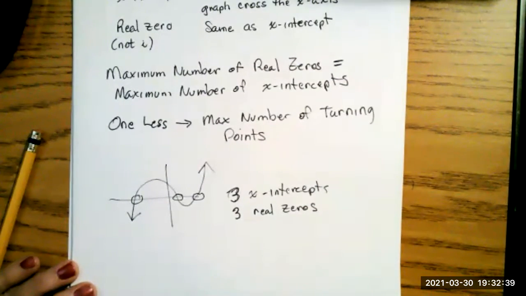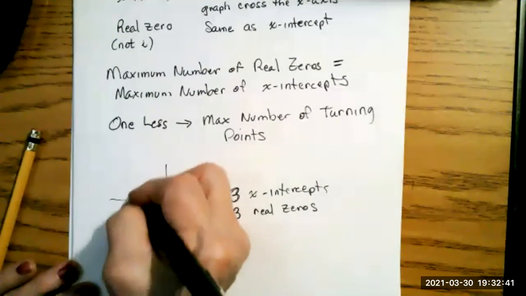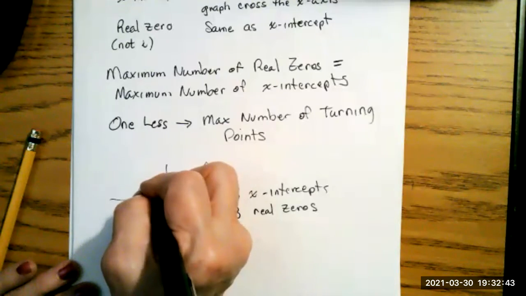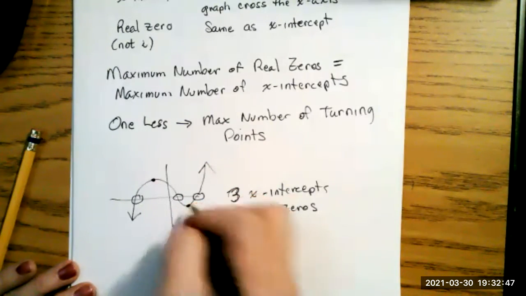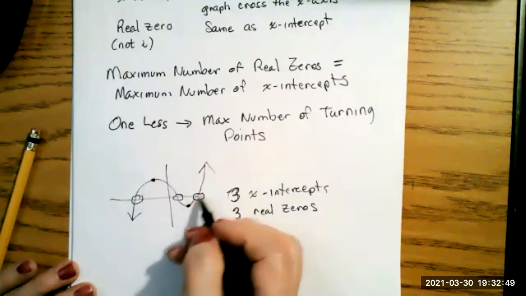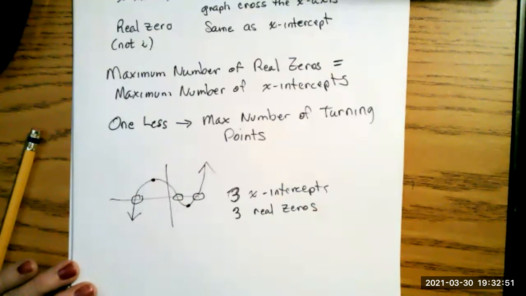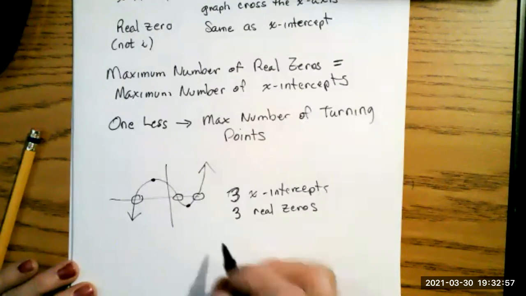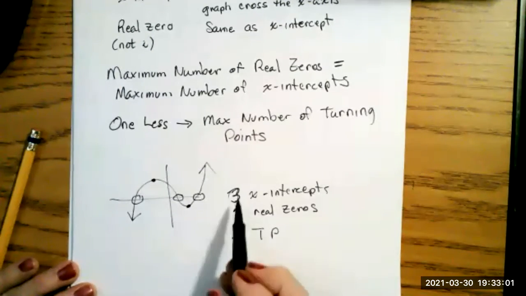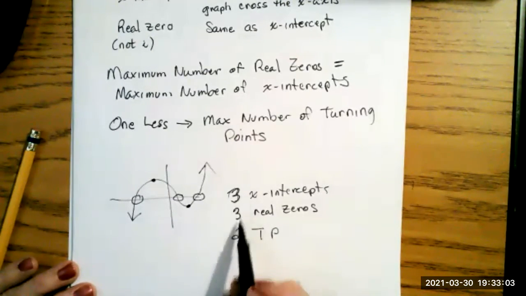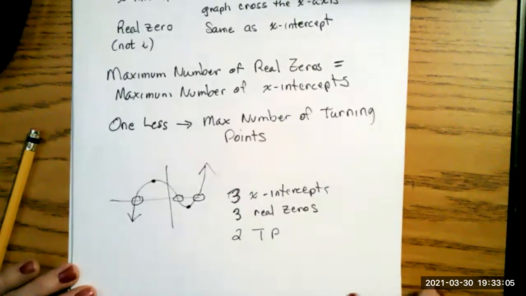Well, the turning points are going to be the relative max up here and the relative min down here. But there's not 3 of those. How many of them are there? 2. There's only 2. There's 2 turning points.